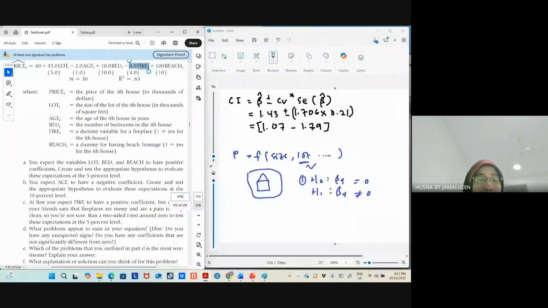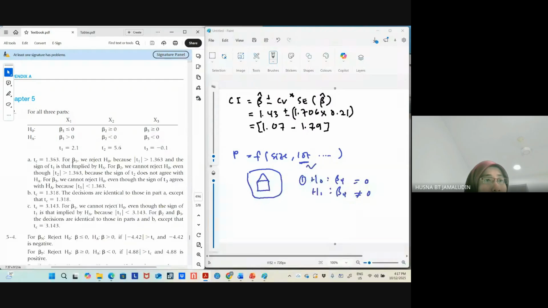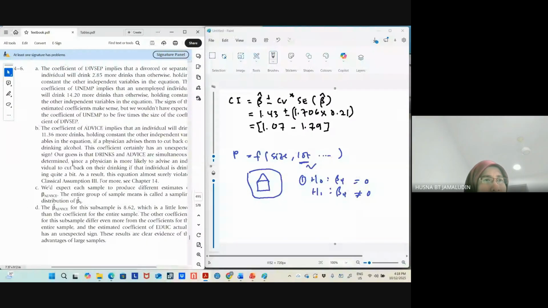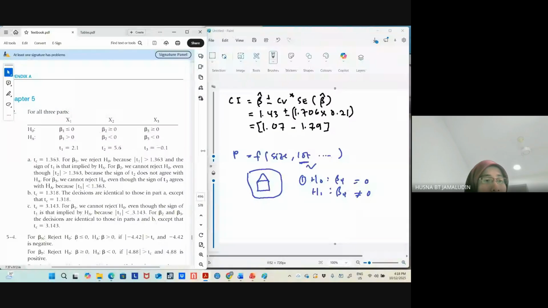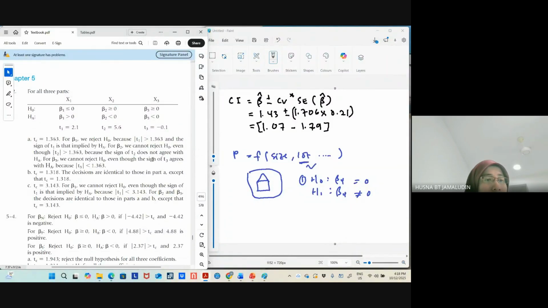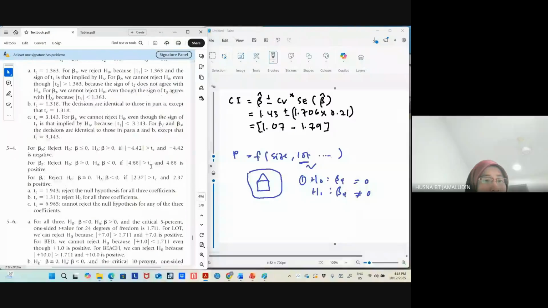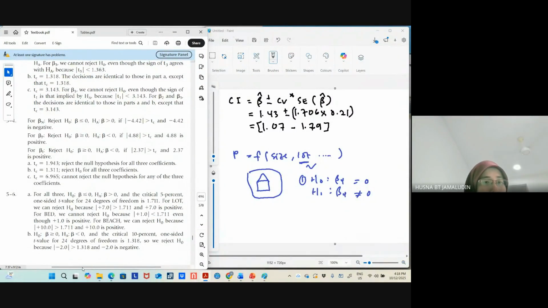Because we want to check, is there any variable that is not significant? So question number 6. Where is it? 496. Okay. Question number 6, down here. Okay. Please check which one is not significant.